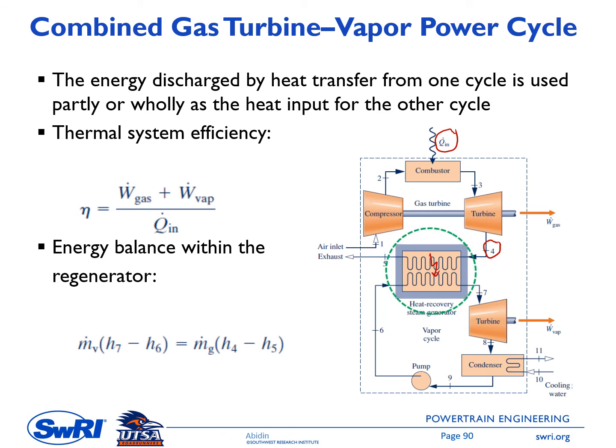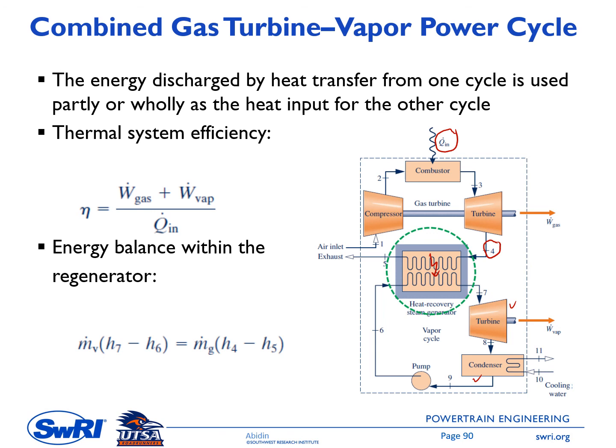So it is a bottom cycle inside the heat recovery steam generator here. The bottom cycle is the vapor cycle. So we have a pump, and then the heat recovery steam generator, and then we have the vapor turbine here, and then the condenser.